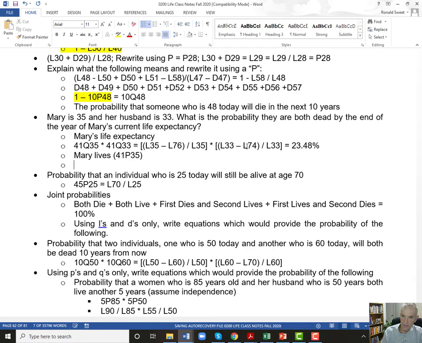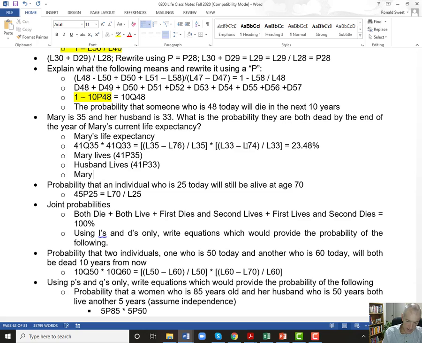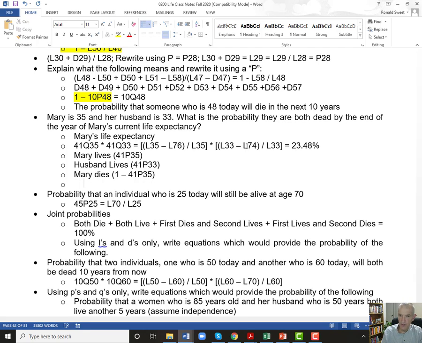You can have husband lives, that's 41p33. You have Mary dies, that's 1 minus 41p35, or 41q35. And husband dies, that's 1 minus 41p33. So we have 4 scenarios here. We have a scenario where they both live.